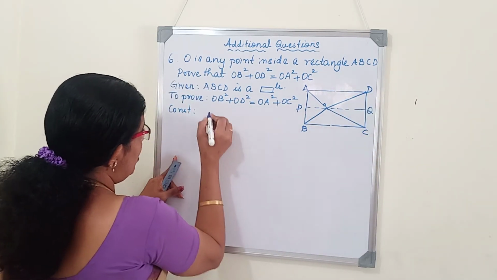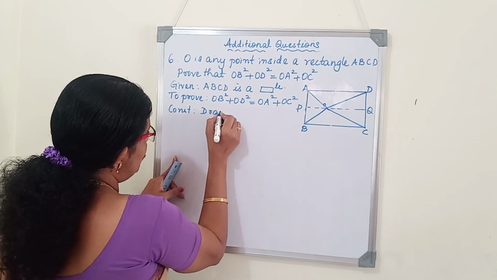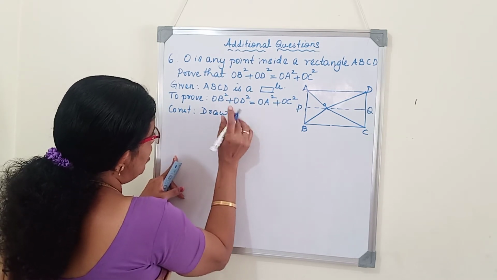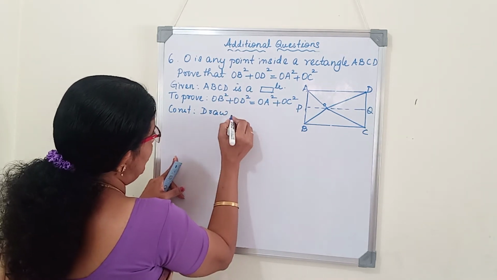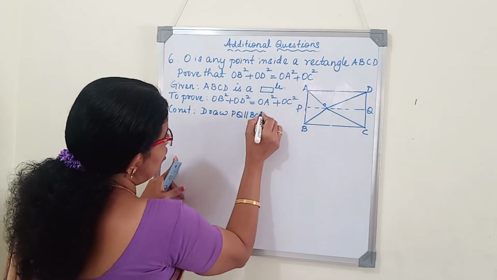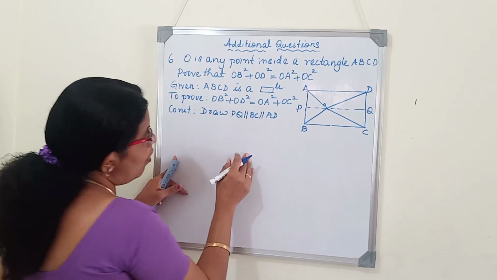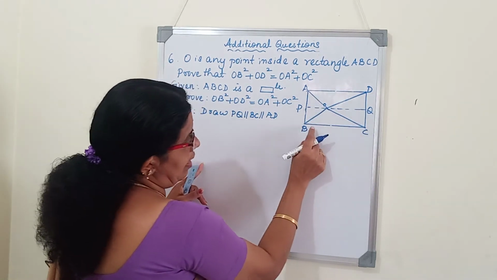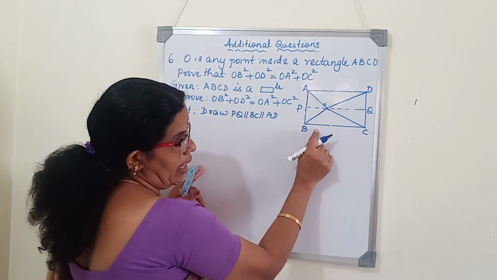Now PQ is parallel to BC, so BC will be parallel to PQ, which is parallel to AD. So now ABCD is a rectangle, all the four angles are 90 degree.